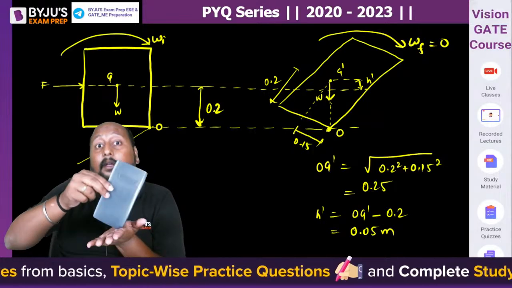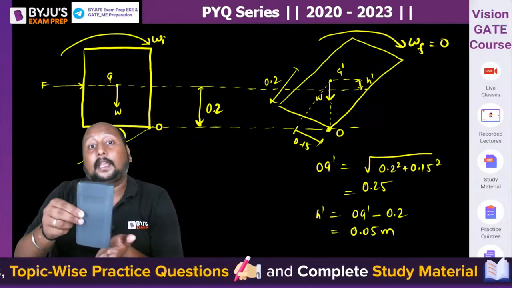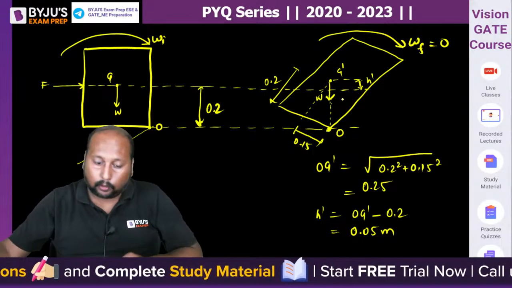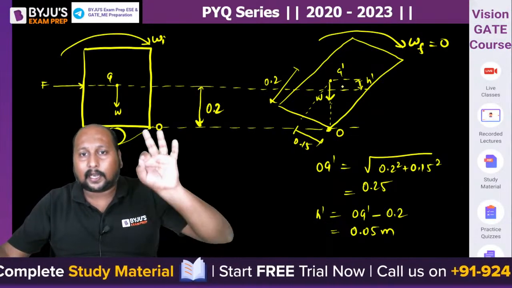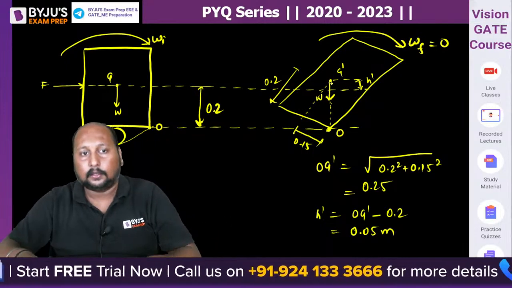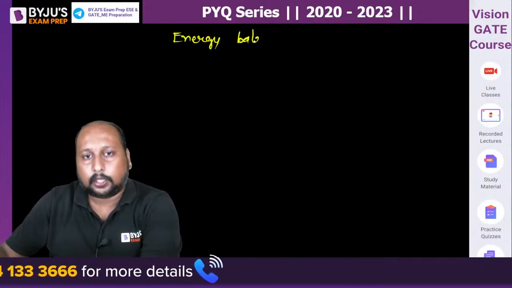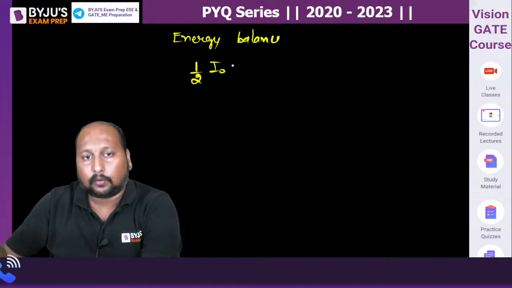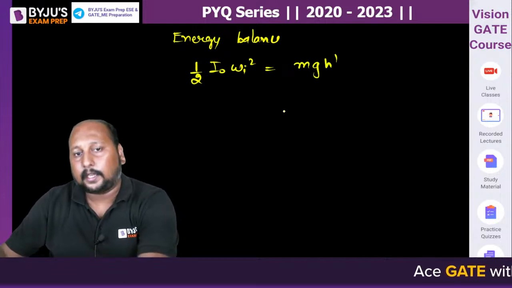This is the minimum impulse that we need to apply in order to have a toppling motion, right? So at this point the omega will be equal to 0. So let us apply the initial kinetic energy will be equal to your potential energy, है ना? So if I apply the energy balance, the initial kinetic energy, that is half I omega square, is equal to m into g into h dash.